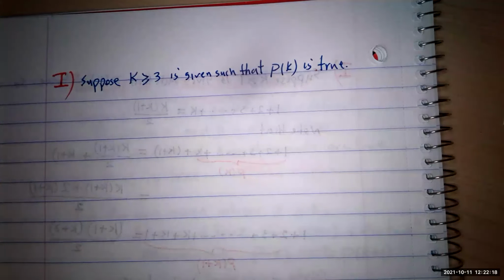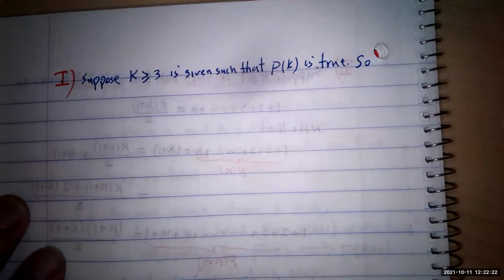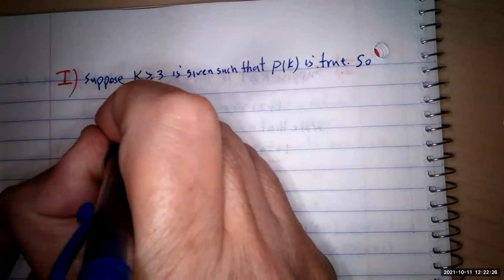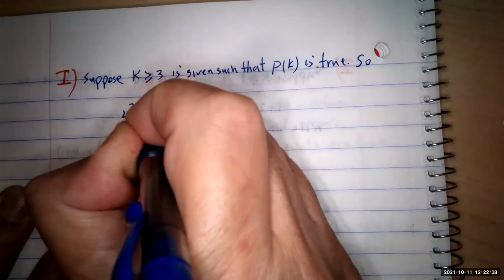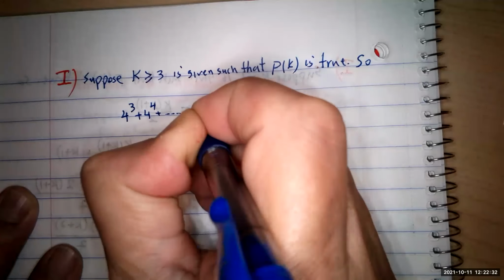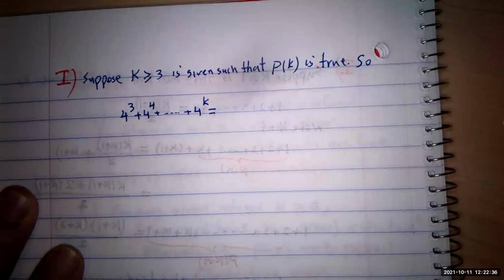So what does it mean? Pk plus 1 means this identity, 4 cubed, 4 to the 4, up to 4 to the k is equal to, so this means your identity is going to be true when you put n equal to k.